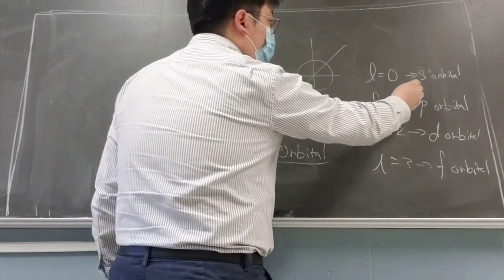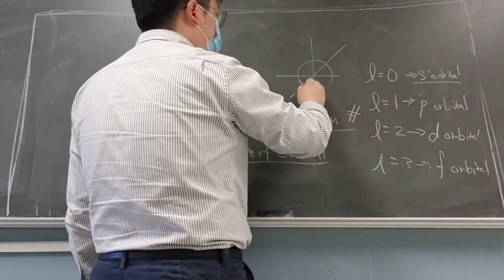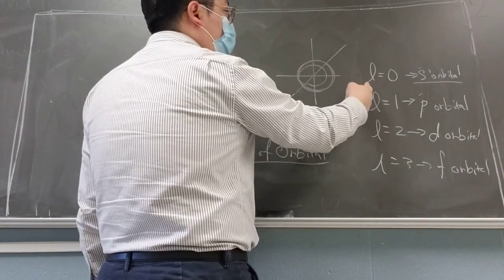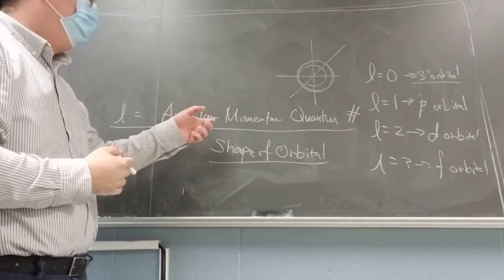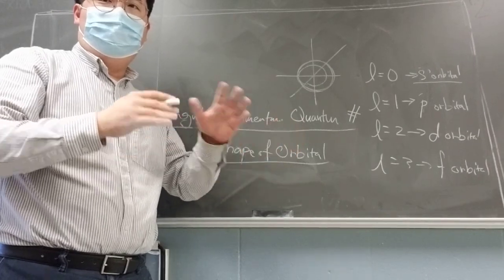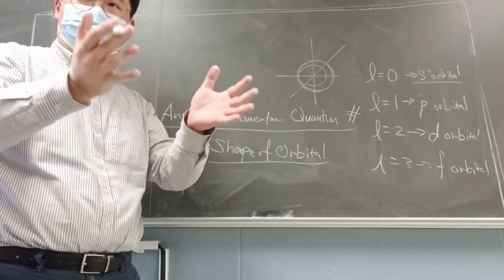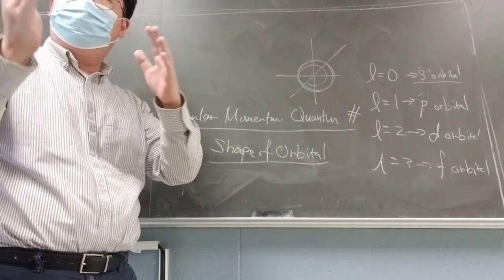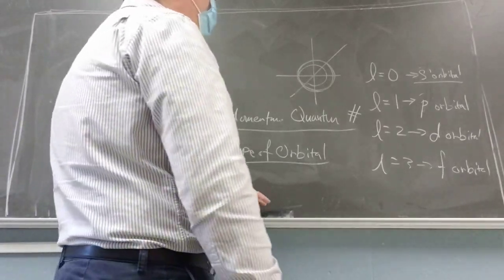That's why s orbital will become the spherical shape. When l is 0, there's no angular momentum you can apply to it, so this area is just a sphere. There's no preference on any directional point there.